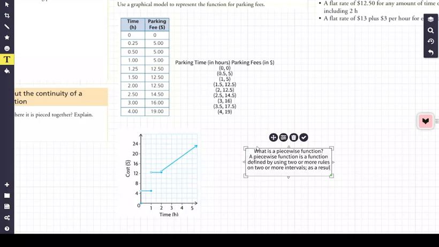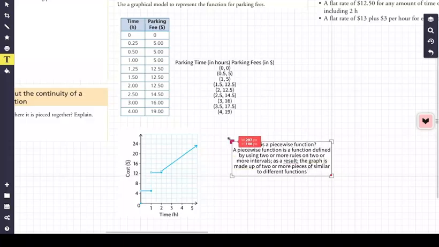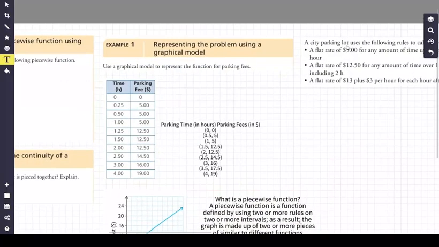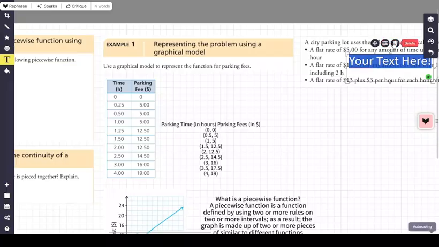And as a result, the graph is made up of two or more pieces of similar or different functions. This may seem really broad to you right now, but as we go ahead and do example 2, this will clear things up for you, hopefully.